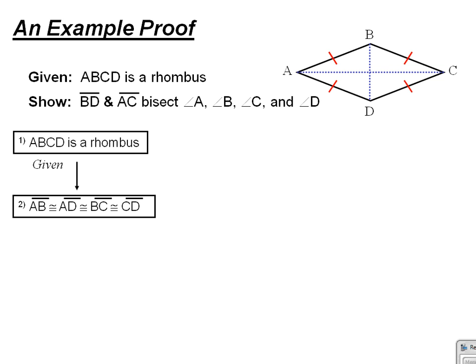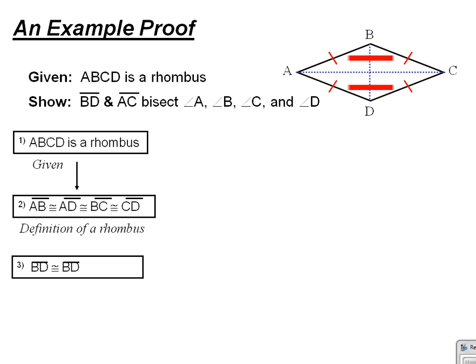So because all these four sides are congruent, that's because it's a rhombus. So when something does what it's defined to do, our reasoning or our justification is definition of a rhombus. And finally, we're going to be working with segment BD here. And segment BD is congruent to itself. You'll see why we're focusing on that in just a moment.